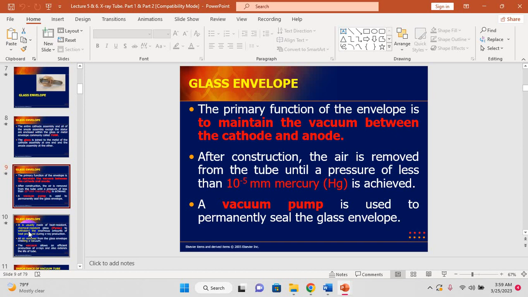When we say maintain the vacuum, it means no air should enter the X-ray tube, because if air comes in, it will affect the efficiency of the X-ray tube. There will be fewer X-rays produced by the X-ray tube. So the vacuum should be maintained.